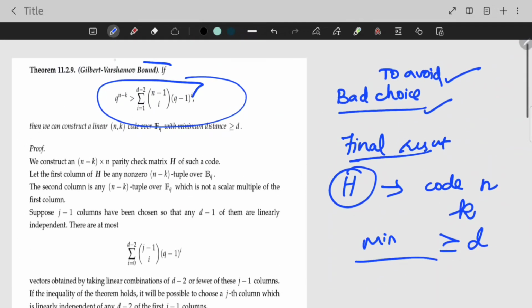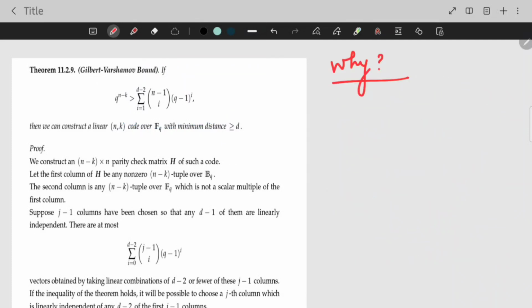So, the Gilbert Varshamov bound ensures the existence of a code with given n, k, d if the syndrome space is large enough compared to the error vectors. Why does this theorem matter? This theorem is powerful because it helps us plan our codes and gives us existence. Even if we don't construct the code, it sets a benchmark for code designers.